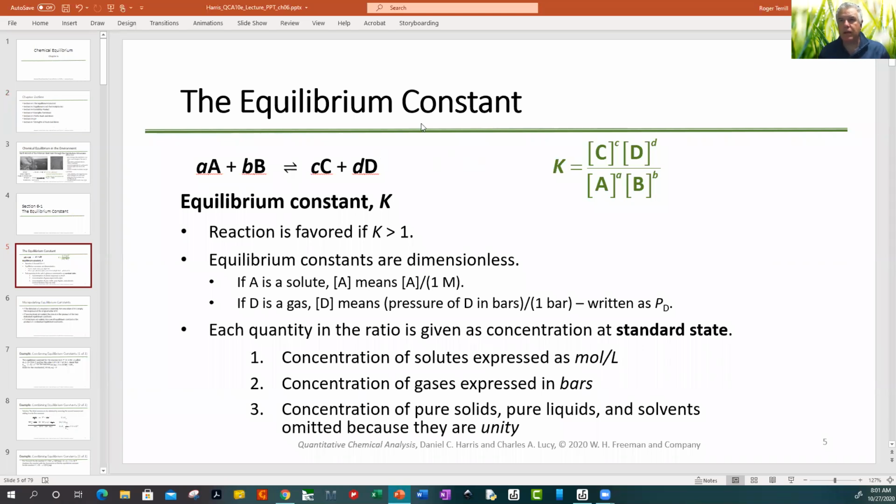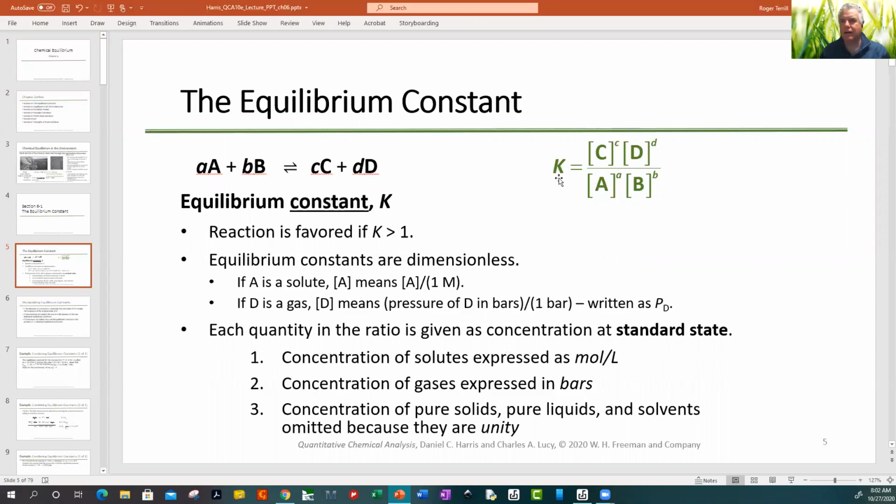You guys are all familiar with the equilibrium constant, right? For any reaction, A plus B goes to C plus D, a balanced reaction, it's valid. There's an equilibrium constant, K, that is equal to this value. What intrigued chemists, and still intrigues chemists, is that the equilibrium constant is, in fact, constant.